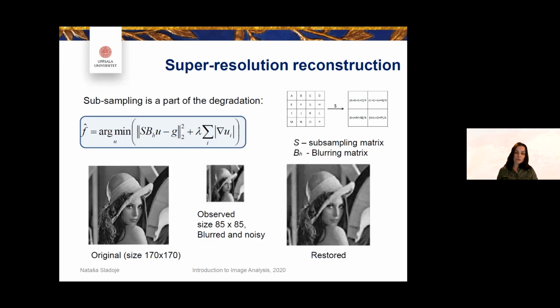Once we are there, there is no further difference in what we do in this optimization process. So if I have this original image that I would like to recover, what I have to start with is this image. It is downsampled, blurred, and noisy. So applying restoration by energy minimization, where my energy function is expressed as stated here, I can restore this image that is my estimate of the original one.